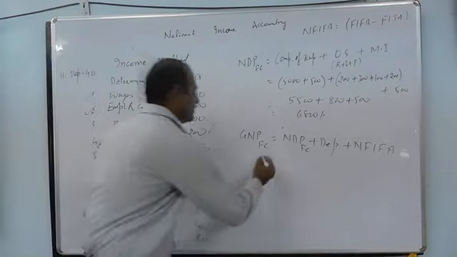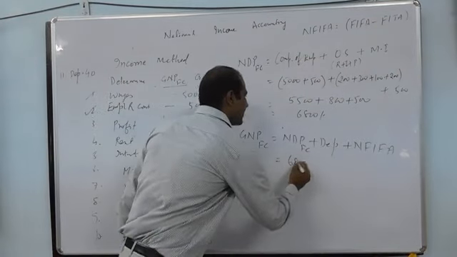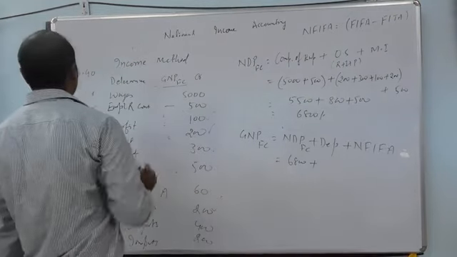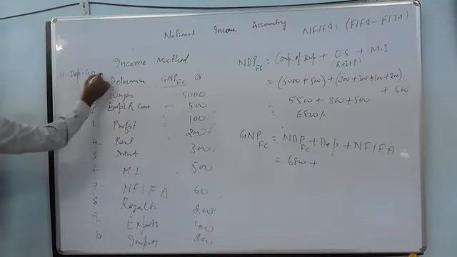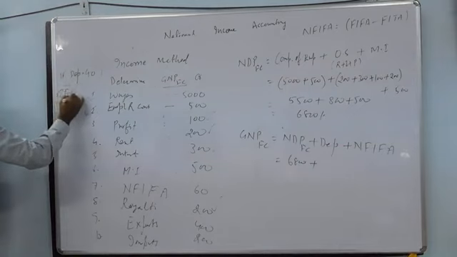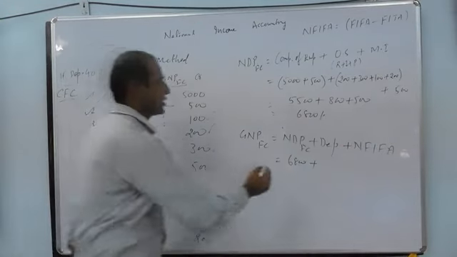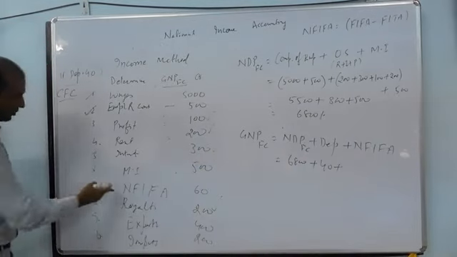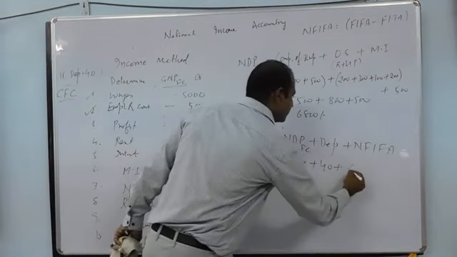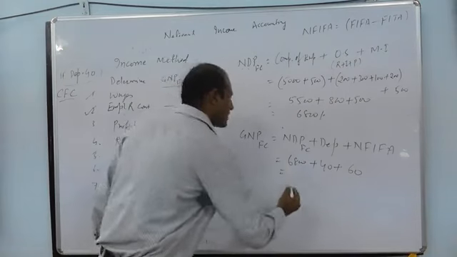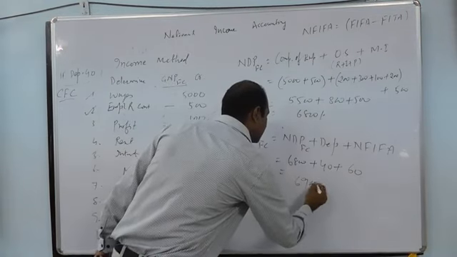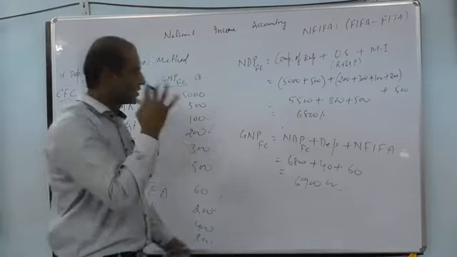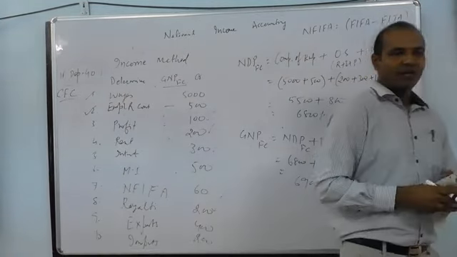Now 6,800 plus depreciation is 40. This is also known as consumption of fixed capital. Net factor income from abroad is given 60. What is the value of GNPFC? 6,900 crore. This is GNPFC we have determined.